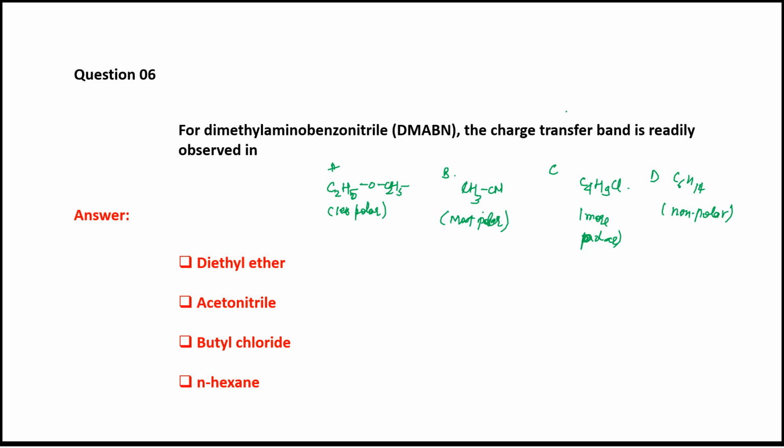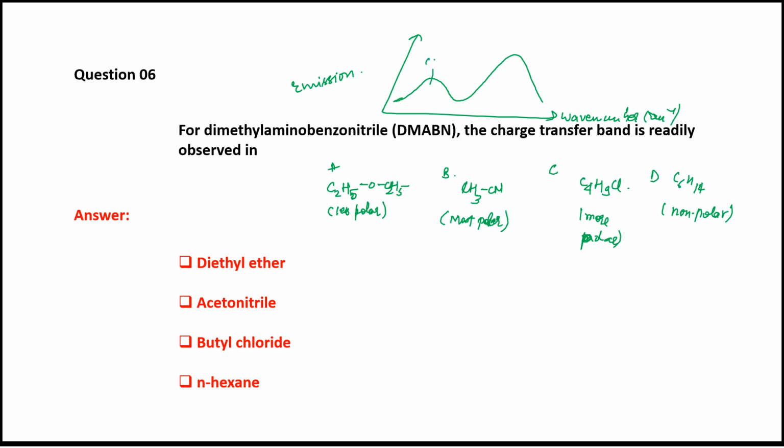And thus, since we studied that the value of this charge transfer band, which could be denoted as a function of wave number, centimeter inverse, here it comes to be emission.